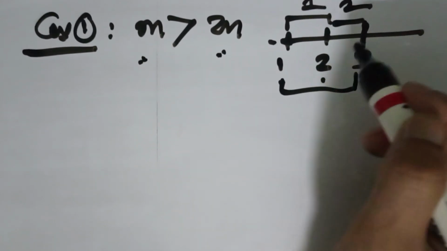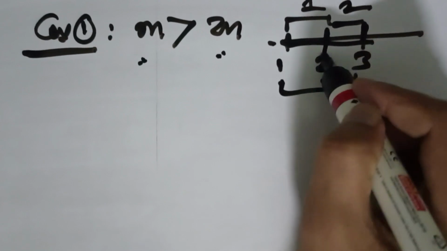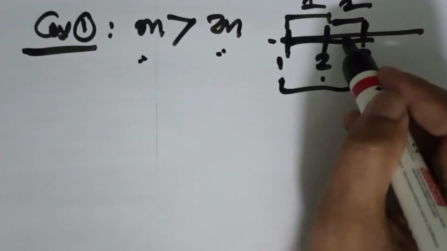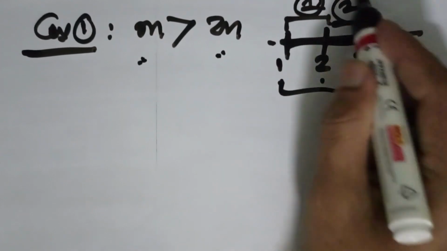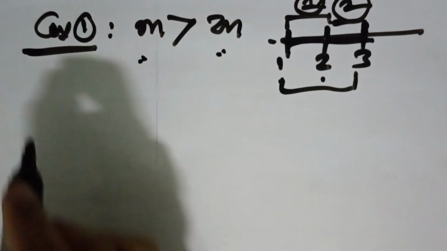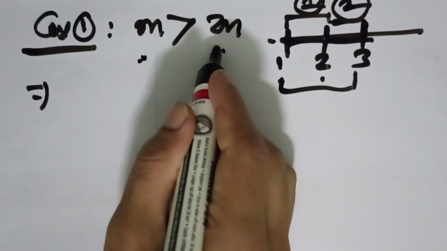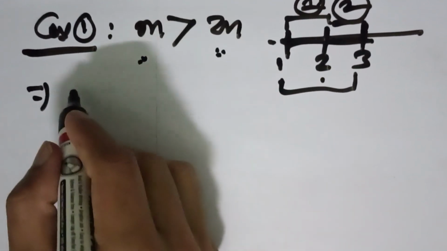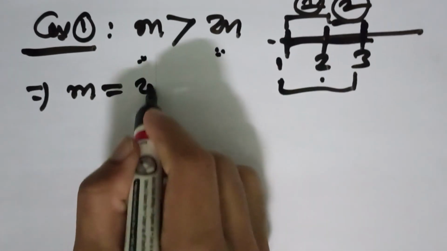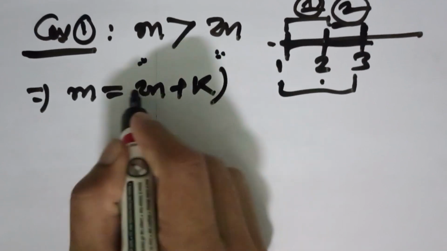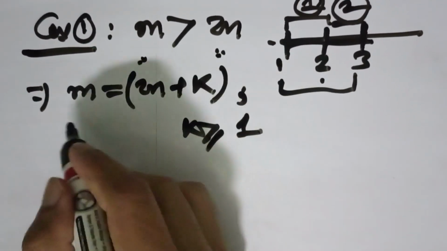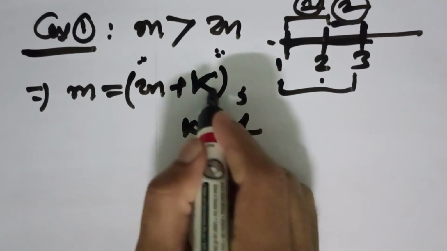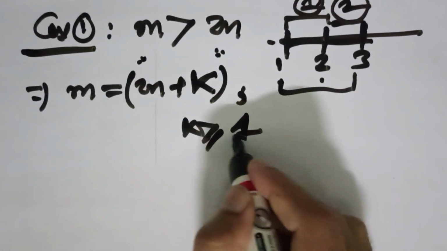So for any natural numbers the gap is either 1 or more than 1, and the gap value is also a natural number. Since m and 2n are natural numbers and m is greater than 2n, I can write m is 2n plus k, where k is a natural number. If they are consecutive natural numbers, then k will be 1; if not, then k will be greater than 1.